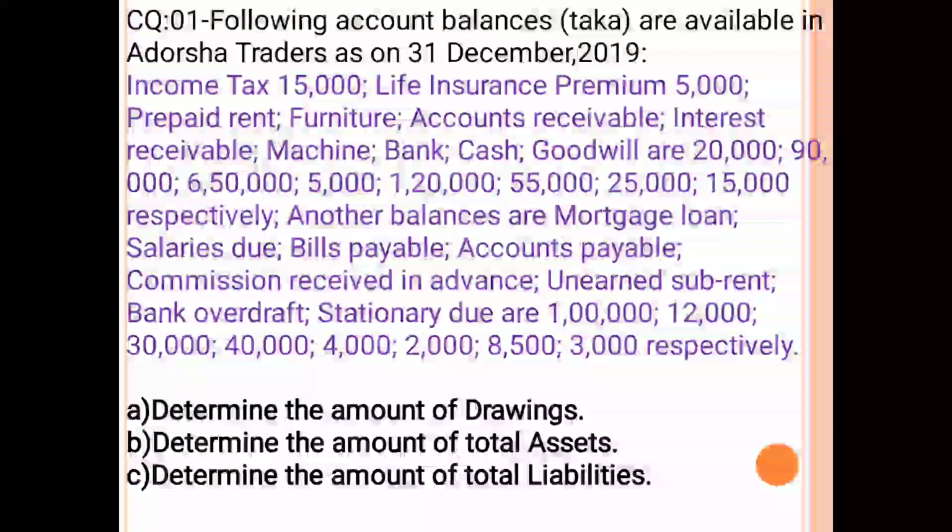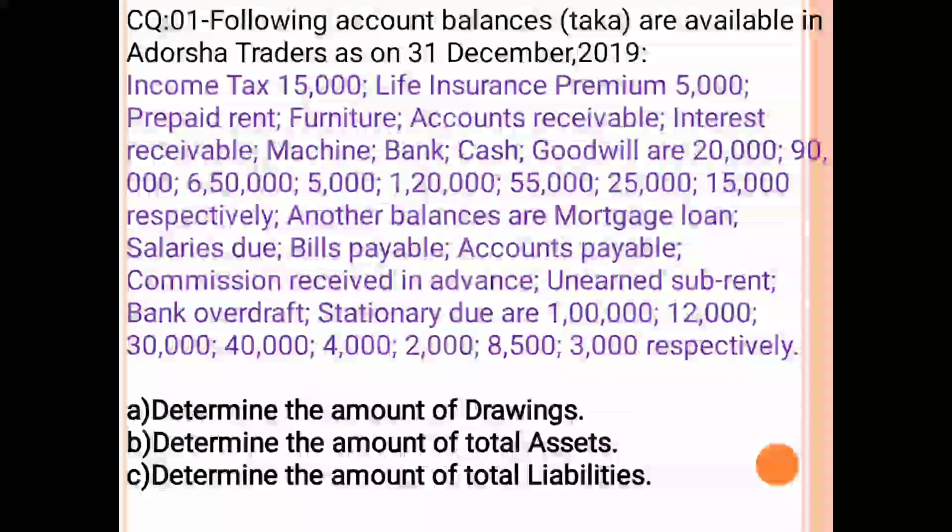After that, I will solve this question orally and solution based. Dear students, I think you are writing in your accounting practice copy.